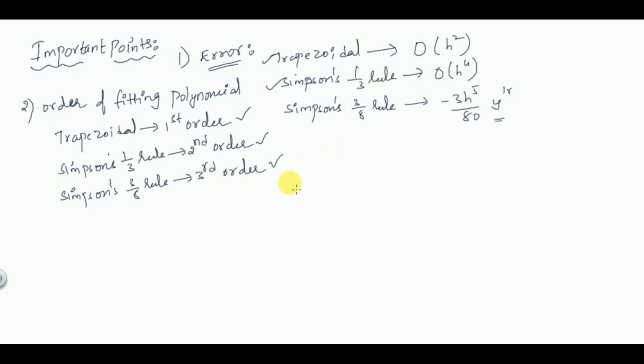Okay, so the next point is third point. So in trapezoidal rule, straight lines are used to model the curve.